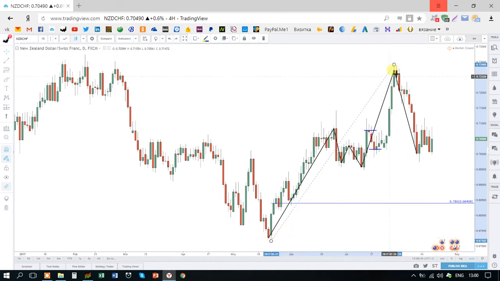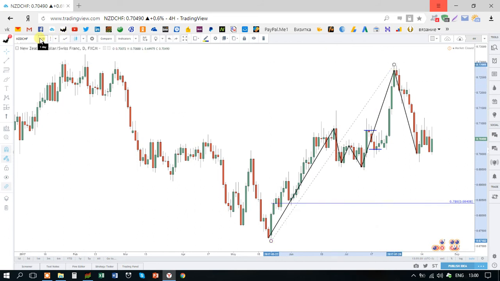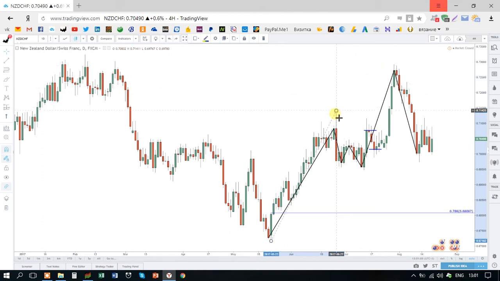If you stretch it this way, you unite several swings. You unite one impulse, a correction, and a second impulse. This is not correct. The correct way is to measure only one impulse. If you want to stretch it this way, then you should switch to a higher time frame, maybe the weekly time frame, to have larger swing degrees.